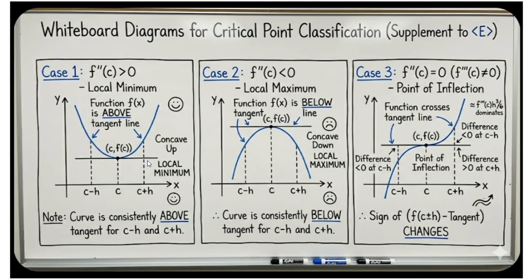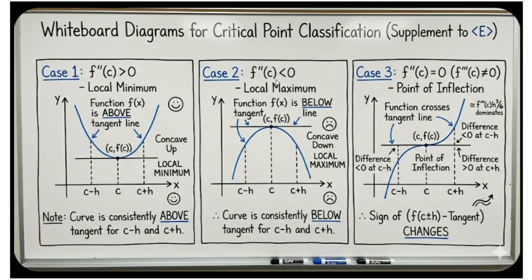And on the right side also, because f double dash of c is greater than 0, and h square is positive even though h is negative on the left side, the curve difference is positive. We can conclude that the curve is concave up around that point.